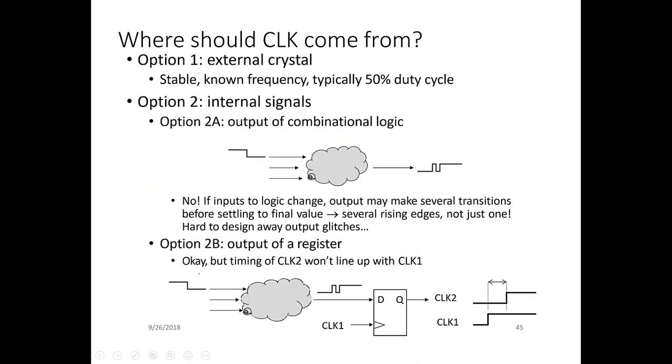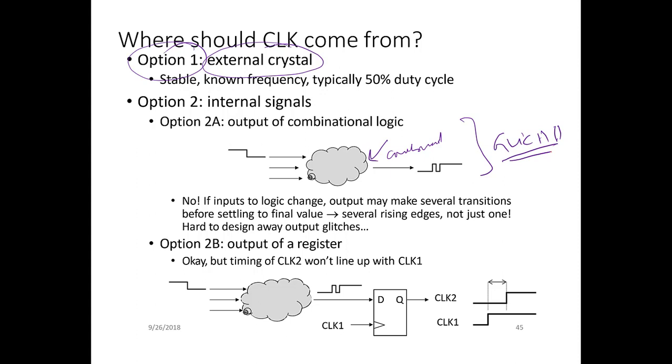Now, where does the clock come from? This is just a slide about the clock to the FSM. The clock can come from an external crystal, this is one option. It can come from an internal signal, from combinational logic, but in this case it can glitch.